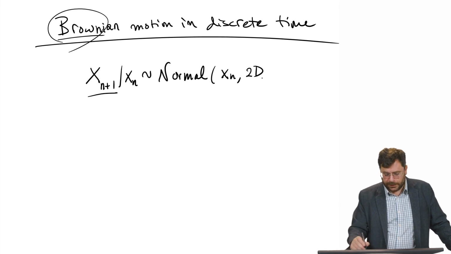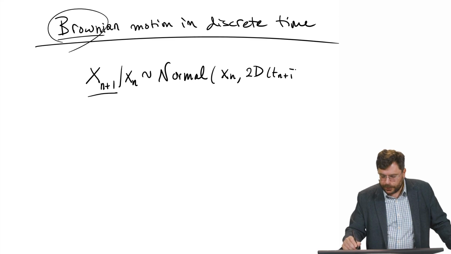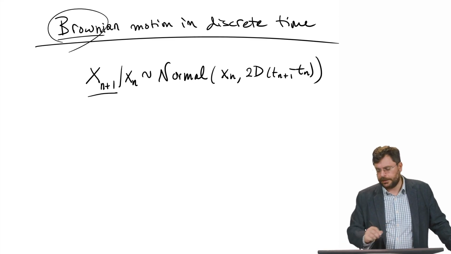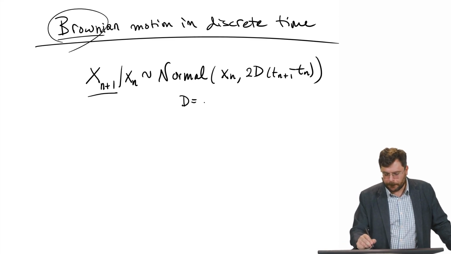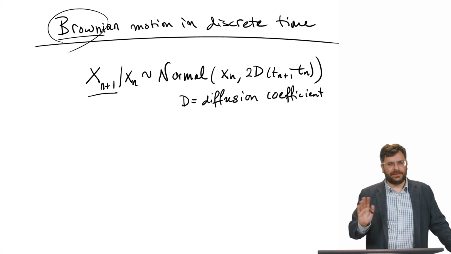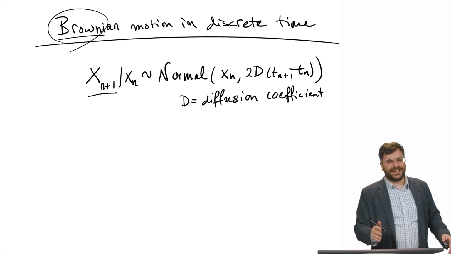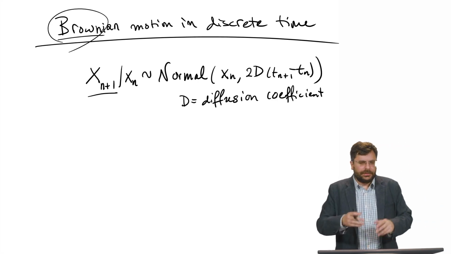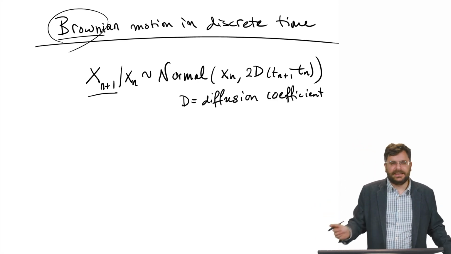According to this model, the variance can be written as 2D times (T_{n+1} minus T_n), close bracket. D is sometimes called a diffusion coefficient. And if you notice, the diffusion coefficient is related to the previous example, related to the strength of the noise.